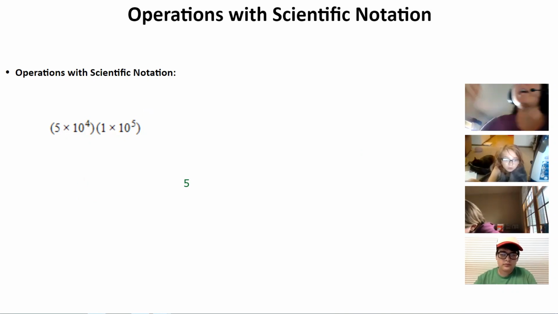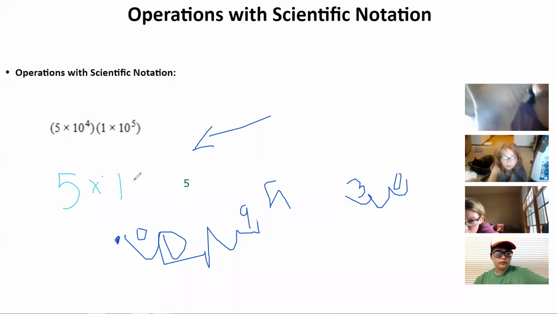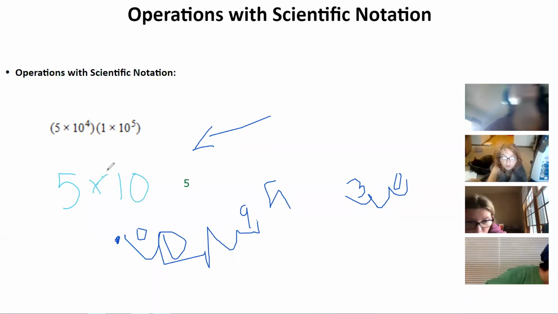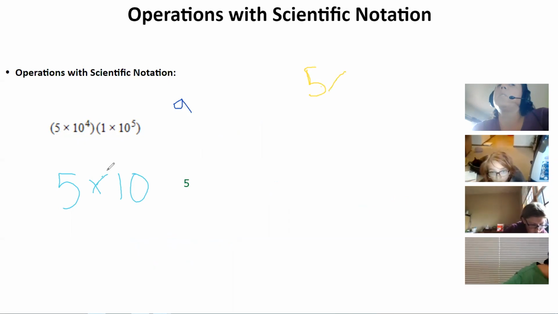Okay, so we have our 5. Then we need to bring in a times 10 because we're in scientific notation here. And we're going to add those exponents. What do you get when you add those exponents? 9. Perfect.